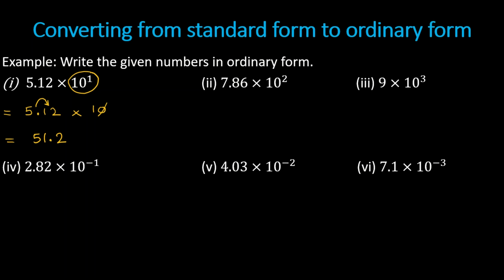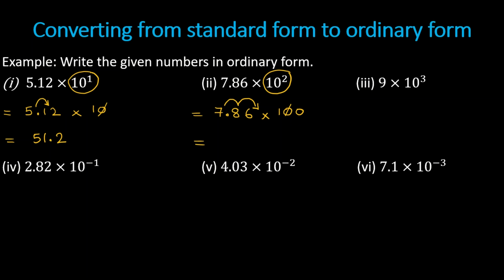The second part, 7.86 times 10 to the power of 2. This is simply 100 because it is 10 times 10. Again, you cut the 2 zeros, you move the decimal by 2 decimal places because we have 2 zeros here.